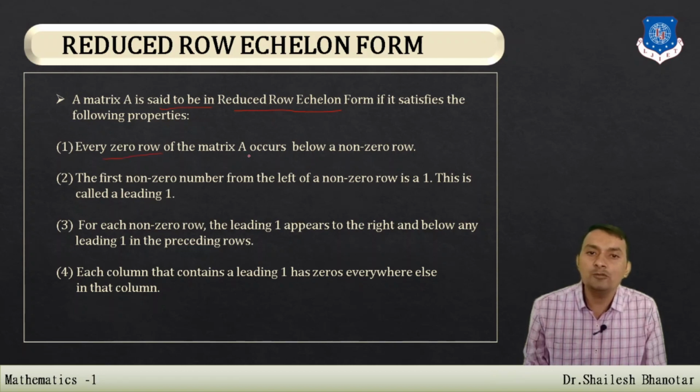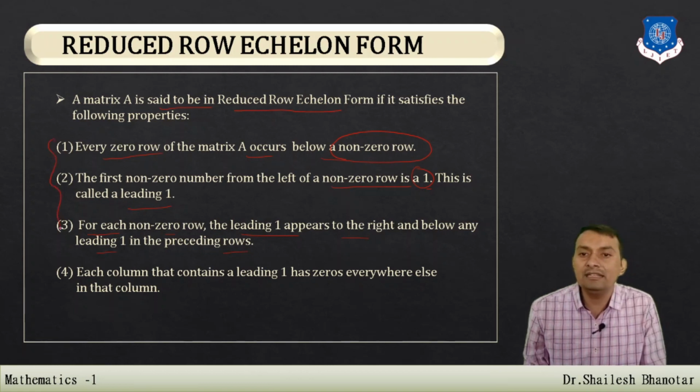Every zero row of the matrix occurs below the non-zero rows, that is the first condition, whatever we have done in the row equivalent form. The first non-zero number from the left of a non-zero row is 1, and that is known as the leading one. This is the third: for each non-zero row, the leading one appears to the right of and below the leading ones in preceding rows. That means these 3 are the conditions from the row echelon form.